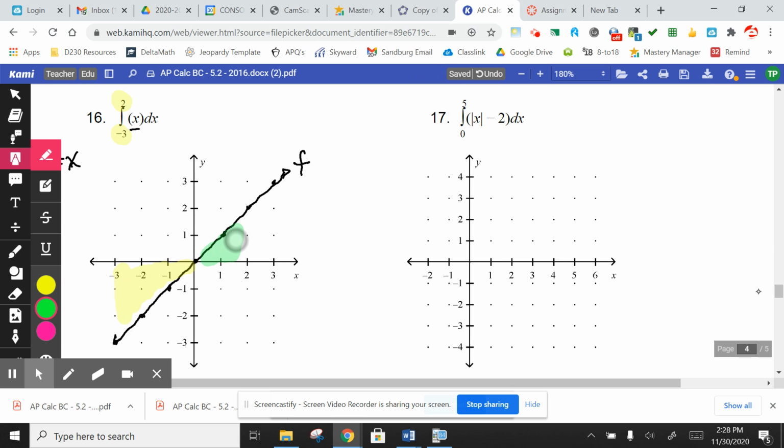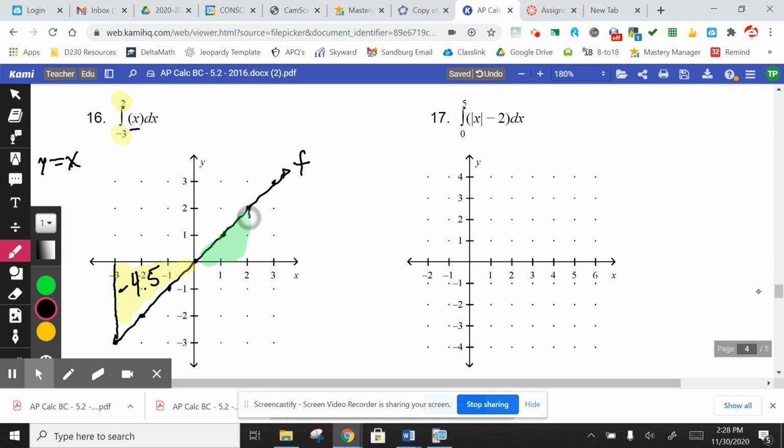That would be in here. Still some geometry. These are basic triangles. So if I treat this as a triangle, I have a base of 3, and then this is a height of 3, so that's 9. And then we want half the base and a height in a triangle. So half of 9 is 4.5. But since we are underneath the x-axis, we assign a negative value to that.